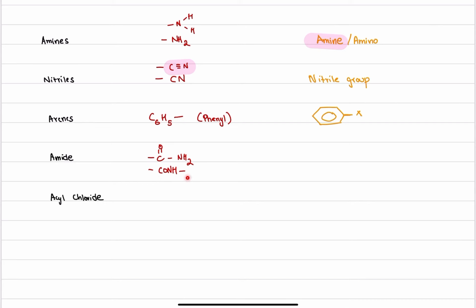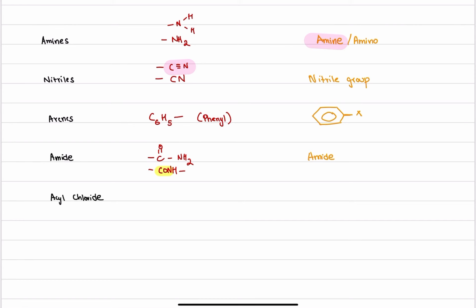This in itself is still an amide. In an amide, all that we're looking for is the CON bond. So there should be a C double O bond like this, and there must be a nitrogen directly attached to this carbon. Then again, the depths of amides is not something that we are concerned with. All we want to learn is how to identify which molecules have an amide functional group involved. Again, if you're asked to mention the group, it is going to be named as an amide group.